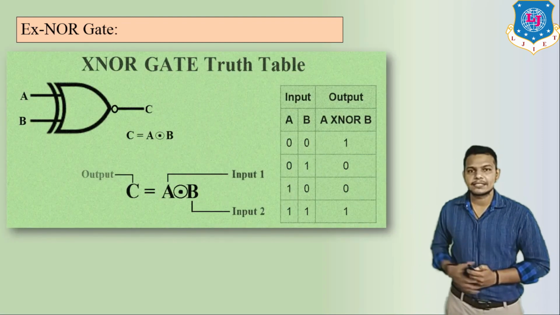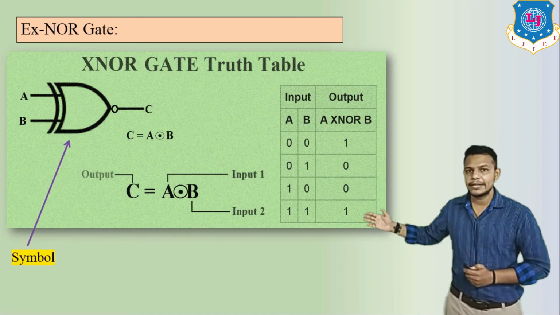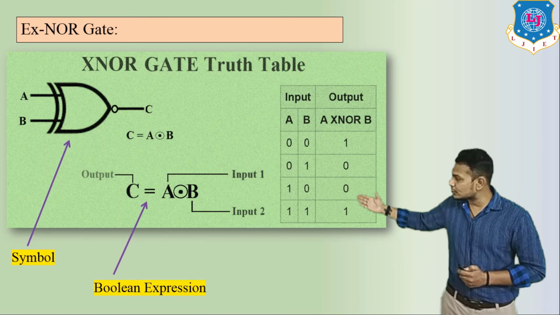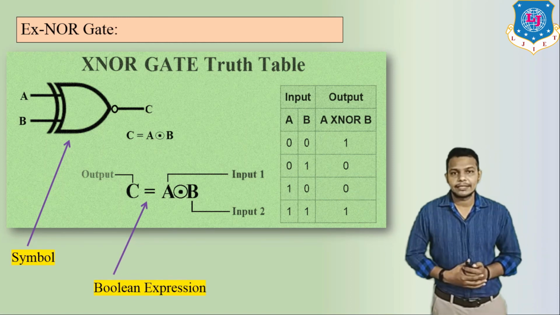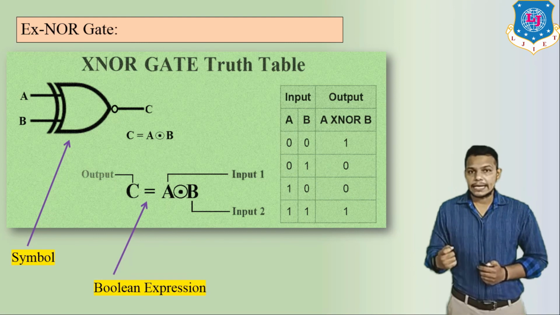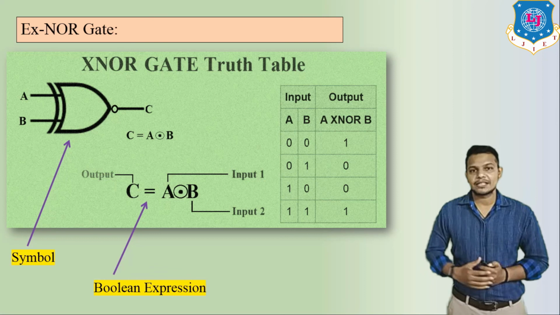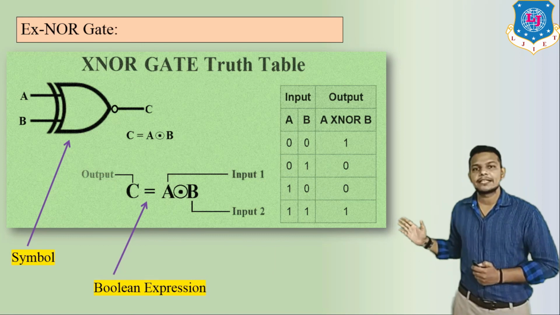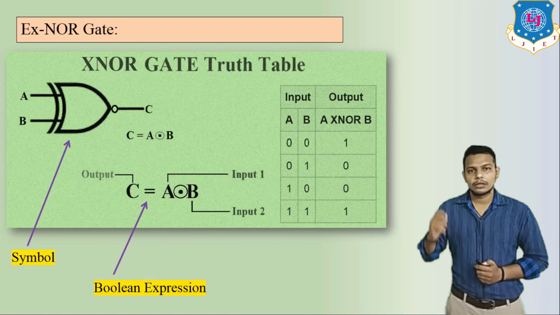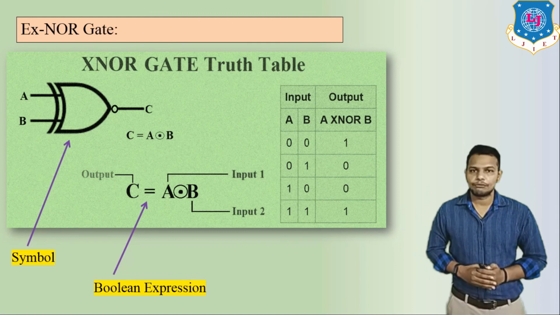Here we can see this is the symbol of exclusive NOR, and here A exclusive NOR B. Its meaning is that if A is not equal to B, the output is 0. That means if your A and B are not the same, then your output will be 0. Here we can see in the truth table, if your input is 0 0, your output will be 1.